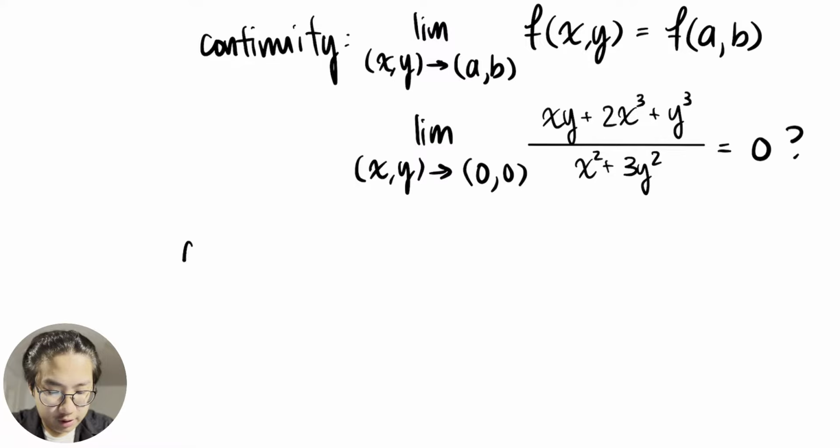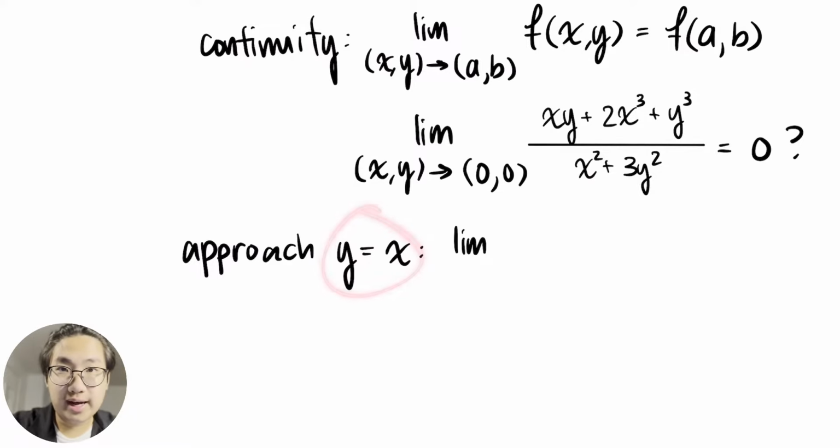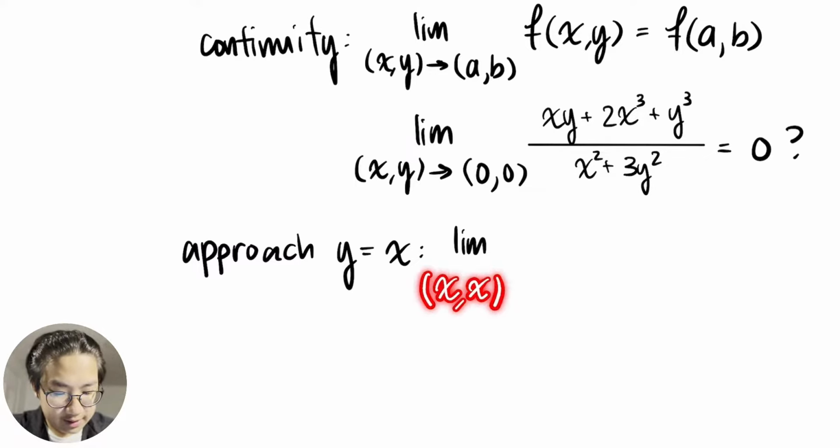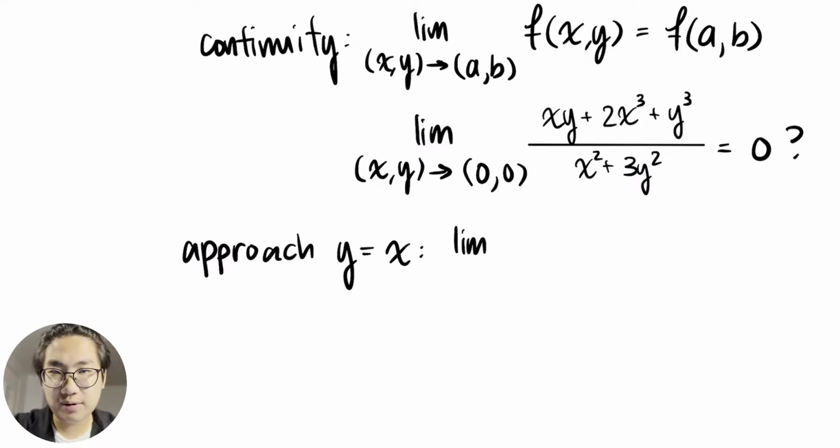So we can try to approach along y equals x. Because y is approaching x, we can effectively turn this into a single variable limit. I've seen x comma x approaching 0, 0 being written, but that is kind of redundant, and I would rather just write x approaches 0.